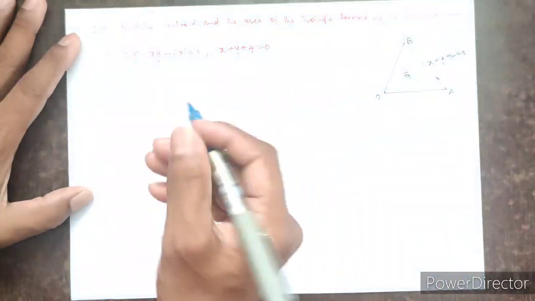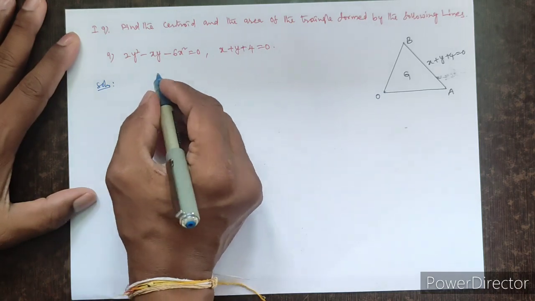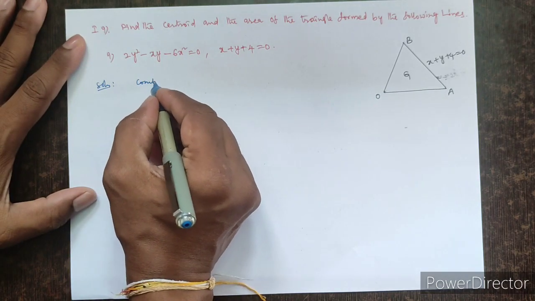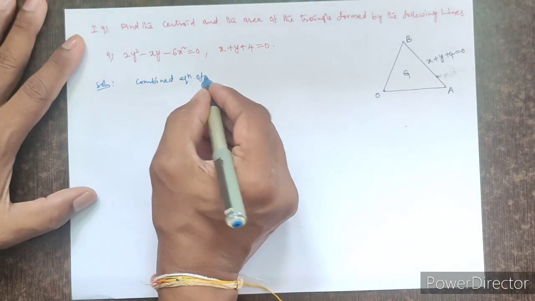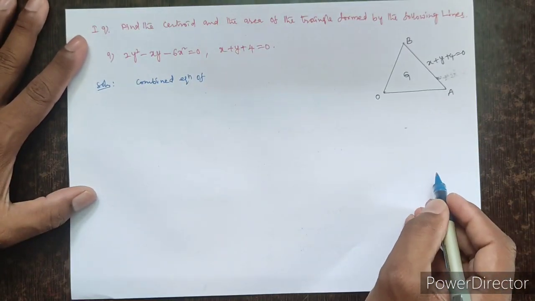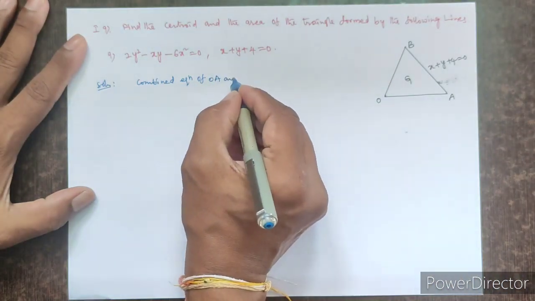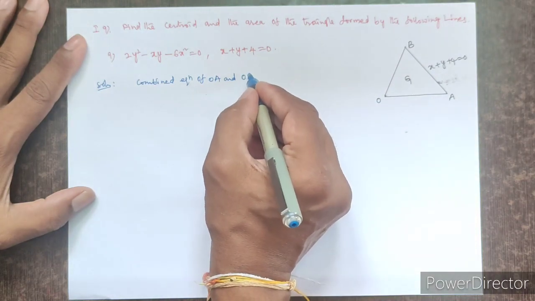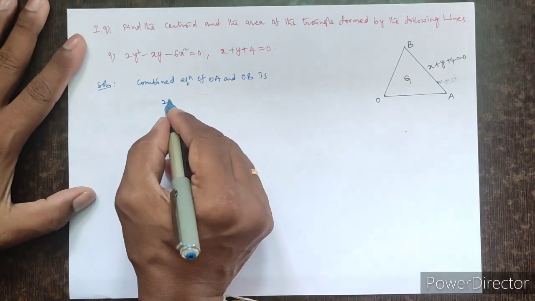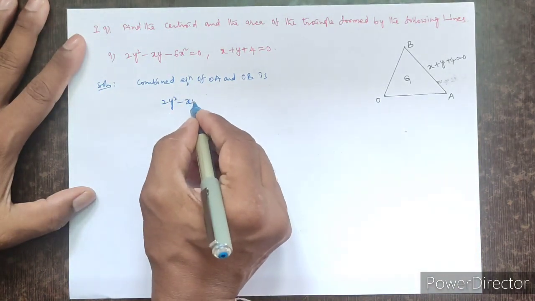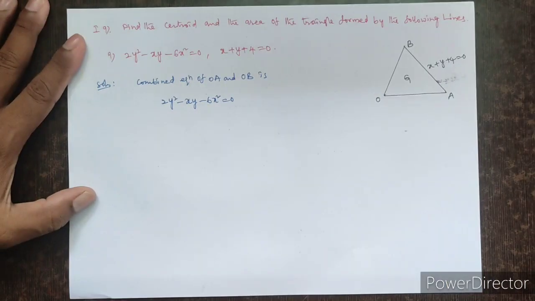Solution. The combined equation of OA and OB is 2y square minus xy minus 6x square equal to 0.